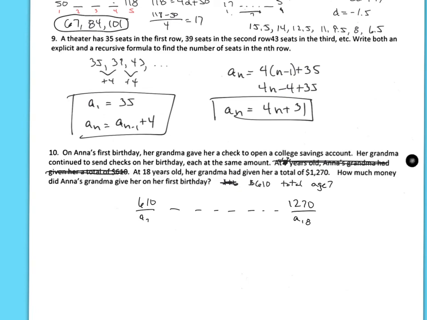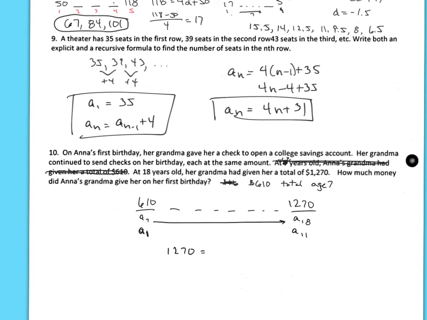So we know that 1270. So I'm going to rewrite this a little bit. If we think of this as being a sub 1, just for our own sanity right now, this is 11 years later. So if this is a sub 1, then this could be essentially a sub 12.